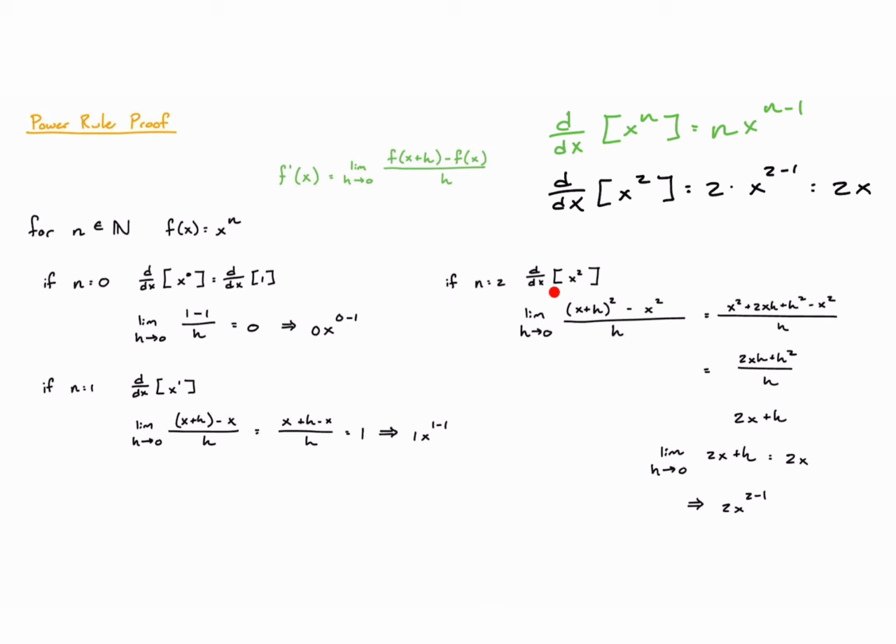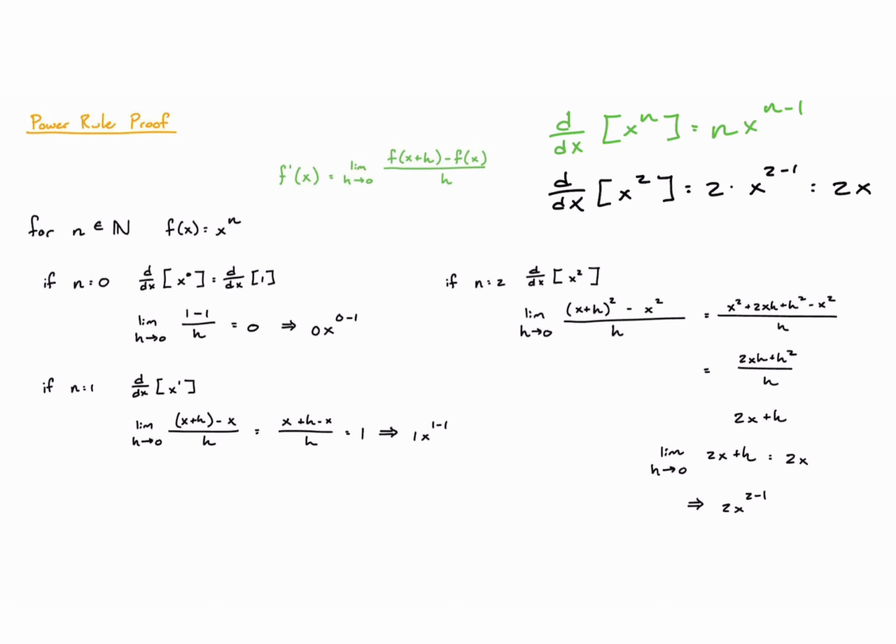And then with 2, that's x squared. We plug that in, we get x plus h squared minus x squared all over h. We FOIL this out, and we get our polynomial here. Our x squareds will cancel out, and we're left with 2xh plus h squared over h.